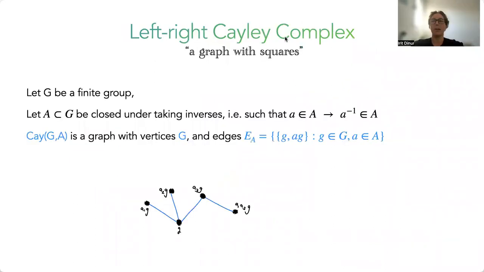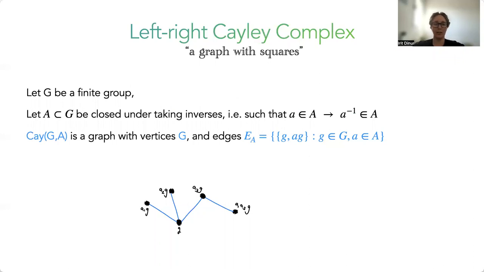Okay, so first, let's start by describing this new object, which we call a left-right Cayley complex. It's like a Cayley graph with a second level. It's a graph with vertices, edges, and also squares. So we start with a finite group G, and we're going to also take a set of generators A that's closed under taking inverses, so that if a is in our set, also a inverse is in our set.